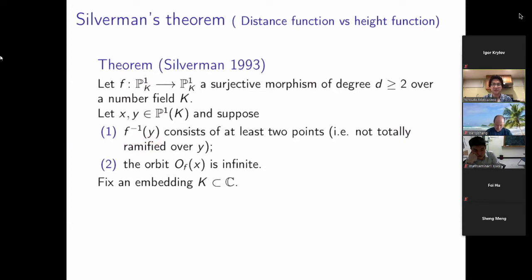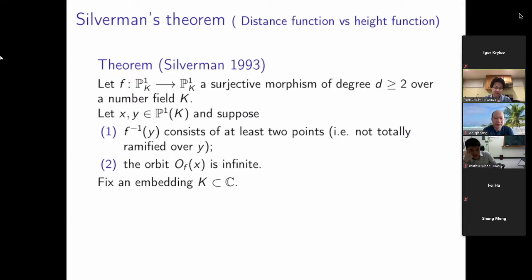In other words, f is not totally ramified over y. So this is a condition on the ramification of f. And the second assumption is that the orbit of x is infinite. Fix an embedding of K into C so that we can talk about the distance function.